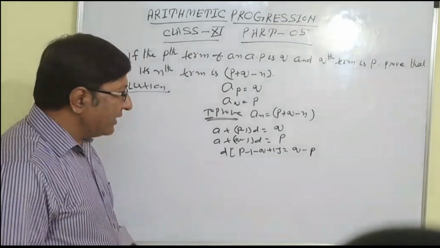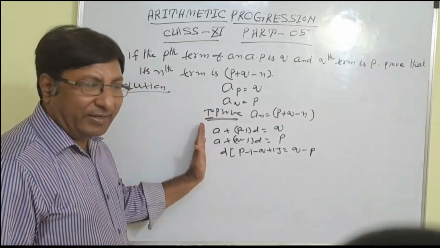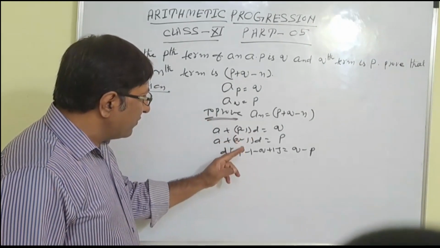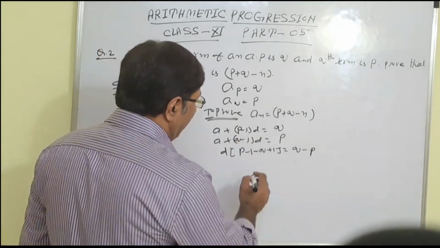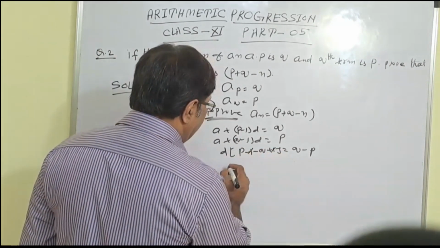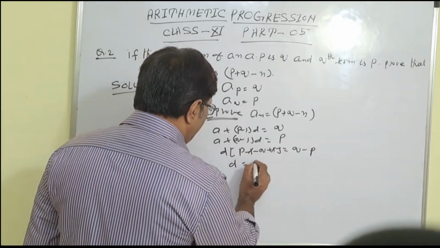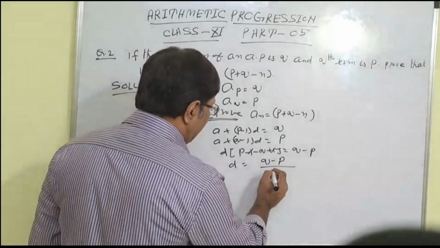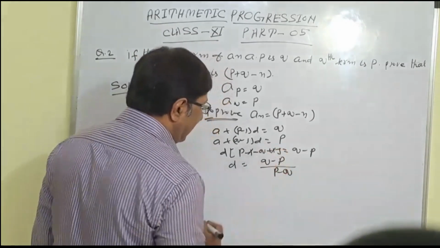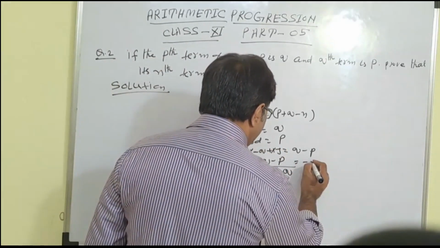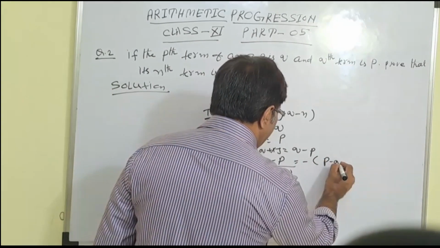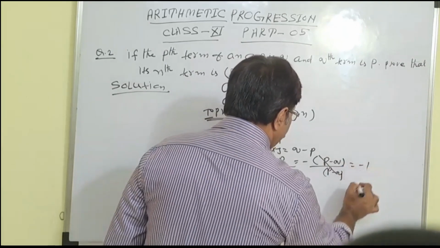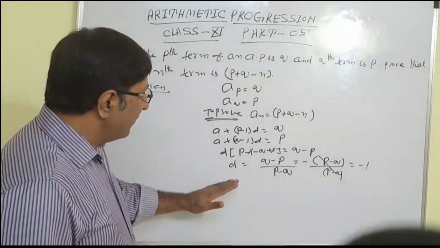We are subtracting the first equation minus the second. So d common, p minus 1 minus q plus 1, here the 1 and 1 also cancel. So d equals q minus p over p minus q. Taking minus common, we get p minus q in both, so this cancels and d is minus 1.